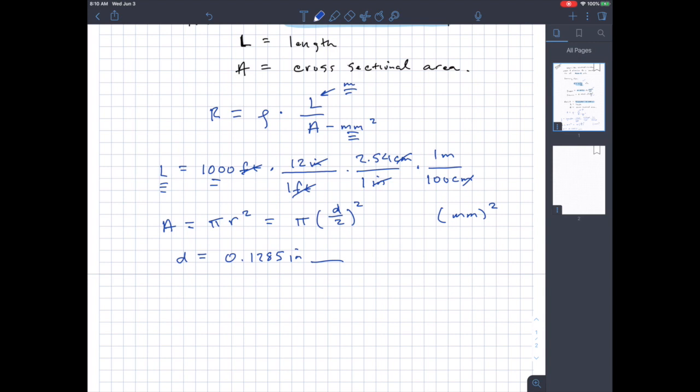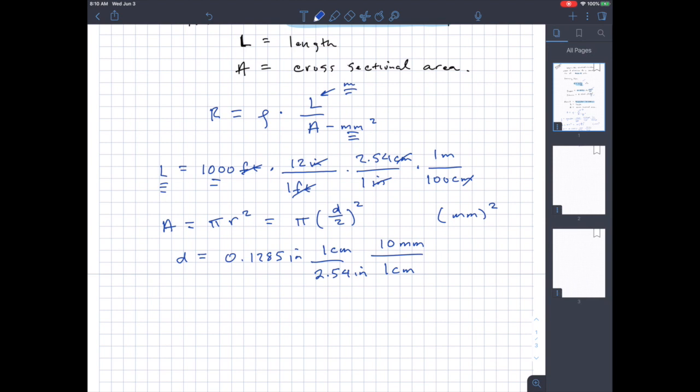Okay, so what I know is that there's 2.54 centimeters in 1 inch. And then if I think about it for a while, there's 1,000 millimeters in a meter and 100 centimeters in a meter. Those are off by a factor of 10. So in 1 centimeter, I have 10 millimeters.